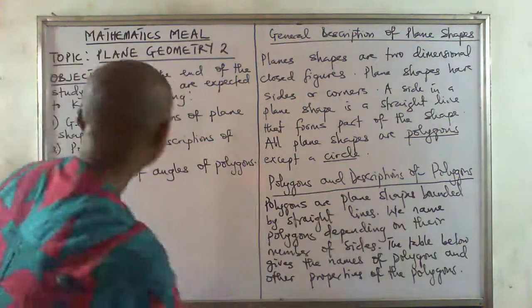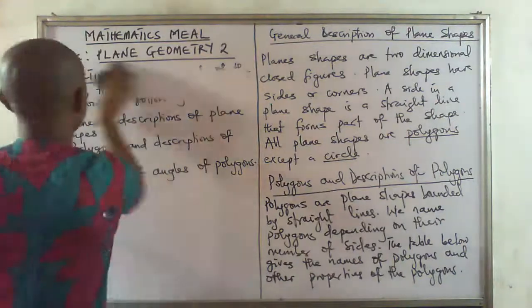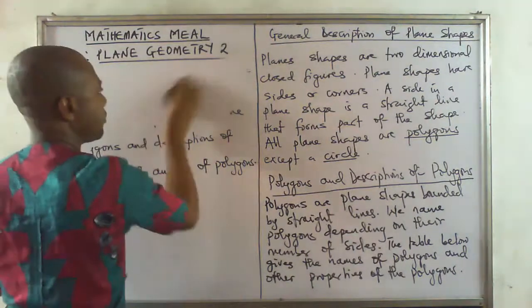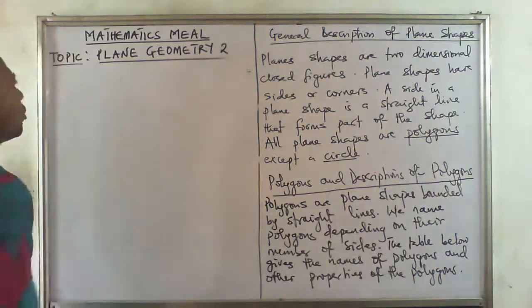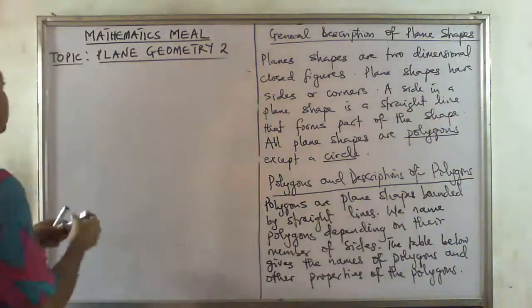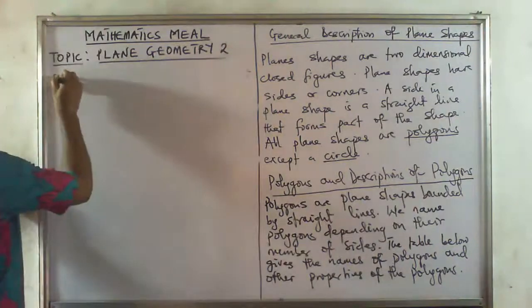Let's look at the table. I believe you have taken down the objective, so we need to clear that. Okay, let's look at the polygons.